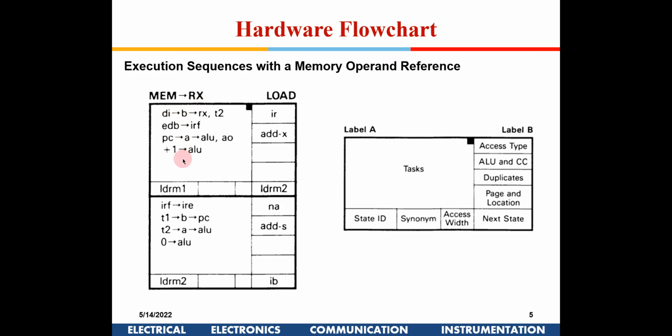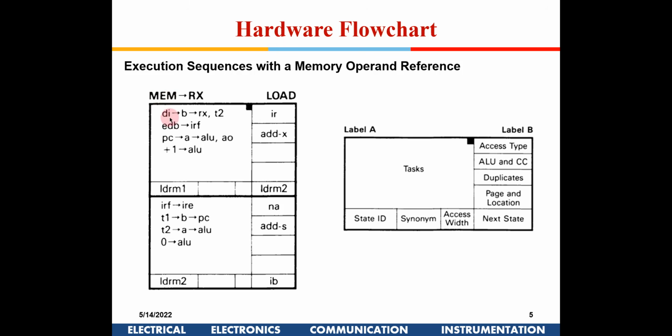Now again here we are assuming that the memory address was placed into the AO register from the PC in the previous operation itself, right? So in the previous operation, that data whatever was available in the memory was decoded in the previous instruction.